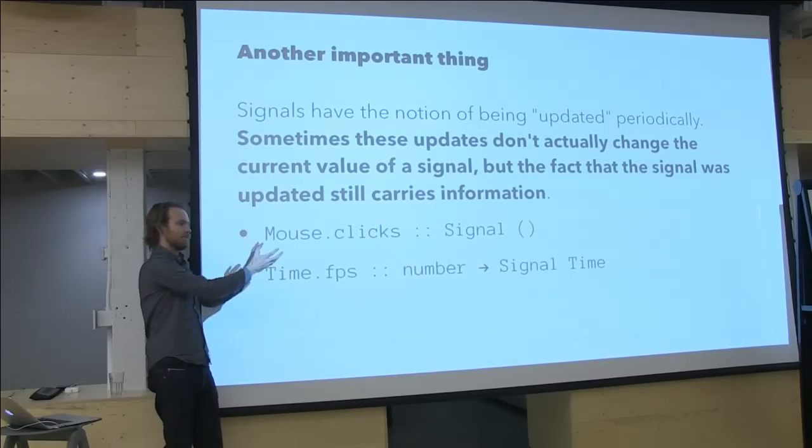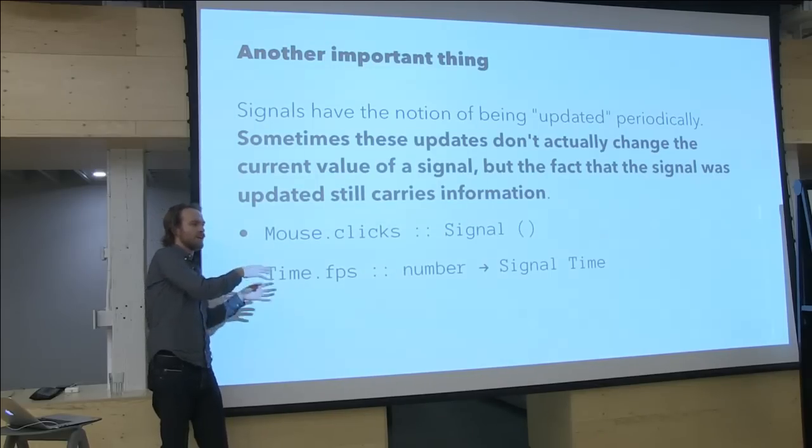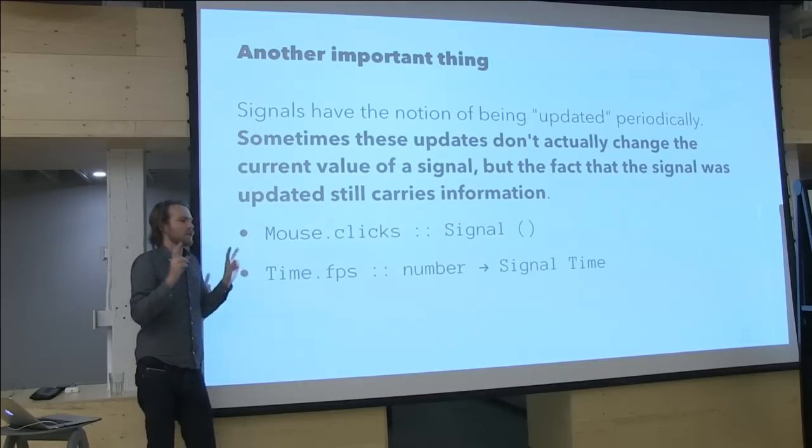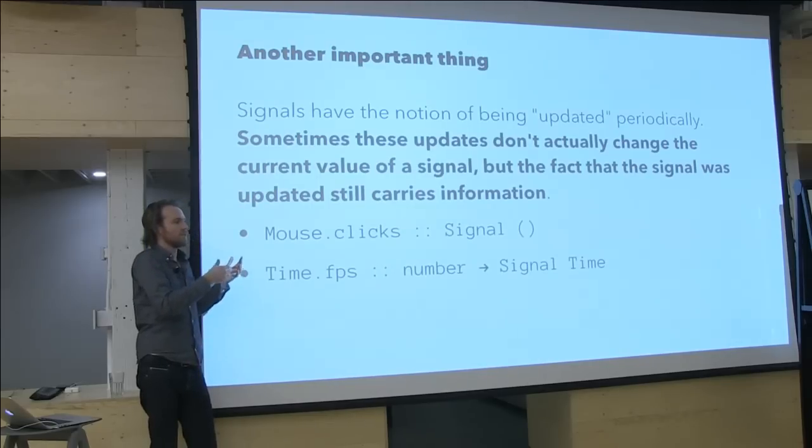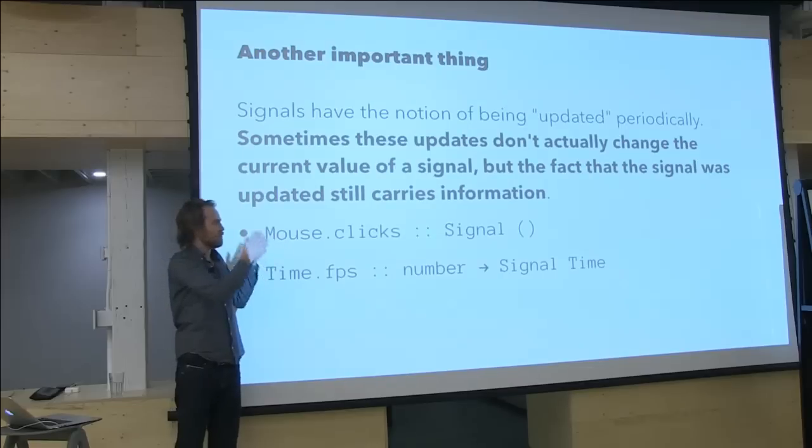For that type the signal is representing, you end up writing functions which get called with a new value of that type. I don't have a good word for that value, so I'll say the current value when I mean the string or the integer, and I'll say the signal if I mean mouse clicks.